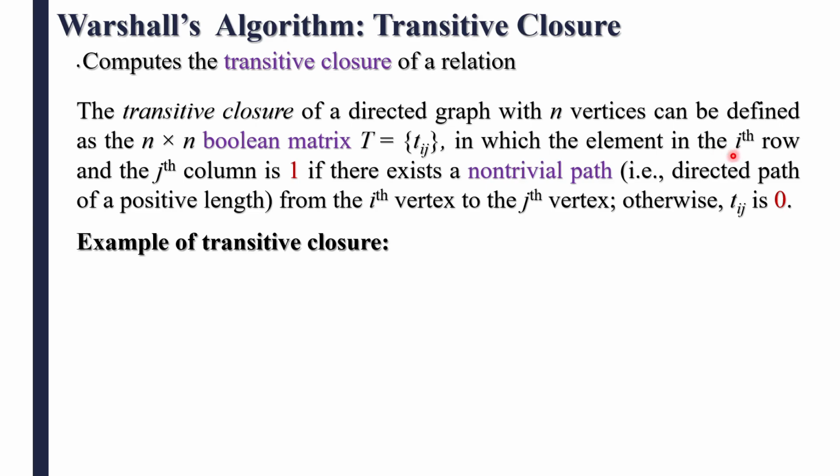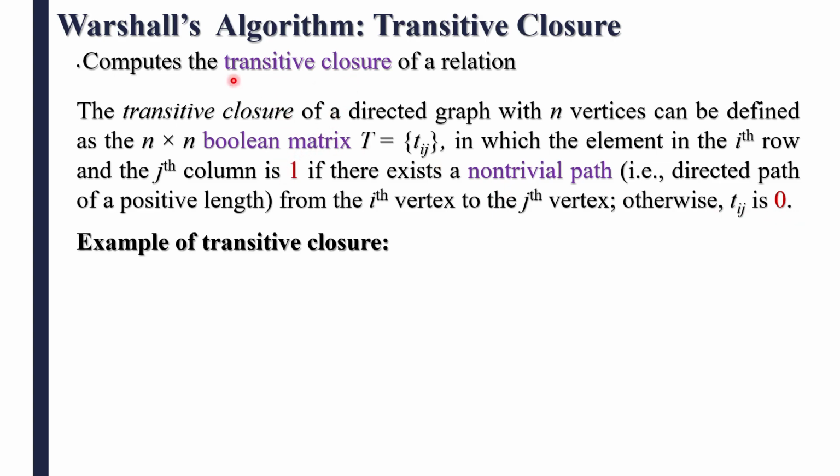If from the ith row to the jth column a path exists, that is a non-trivial path. Non-trivial means a directed path of positive length. If it exists, we take it as 1. If the path does not exist, we take it as 0. This is what we call a transitive closure.